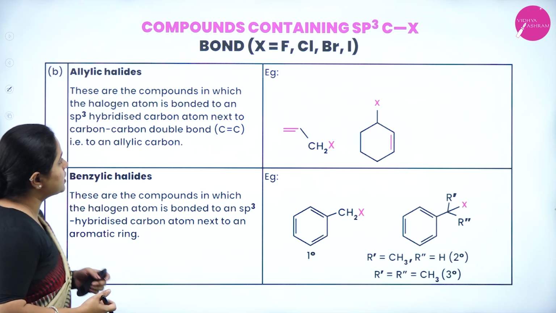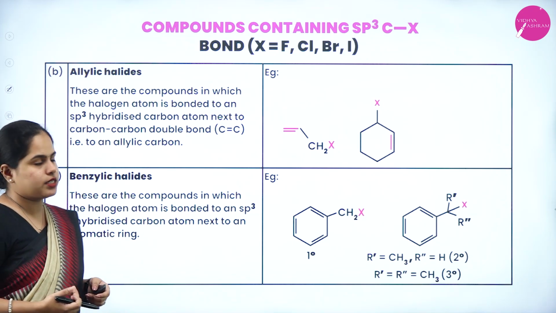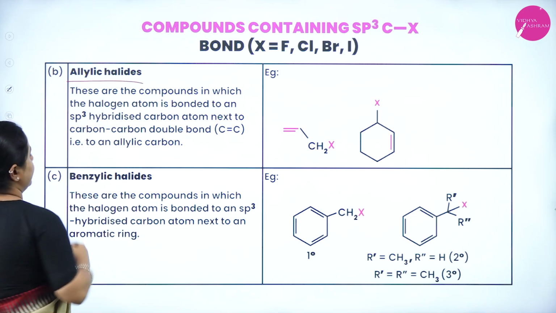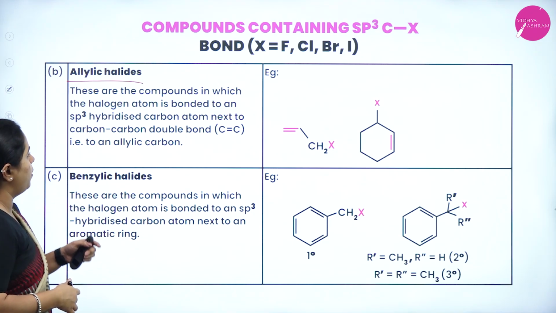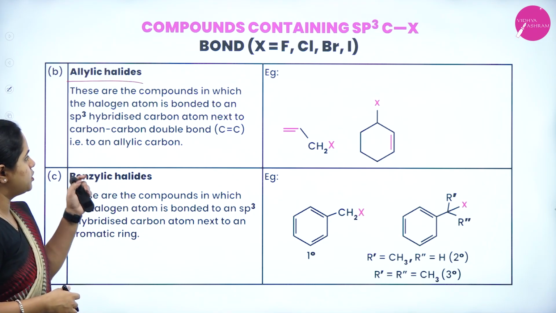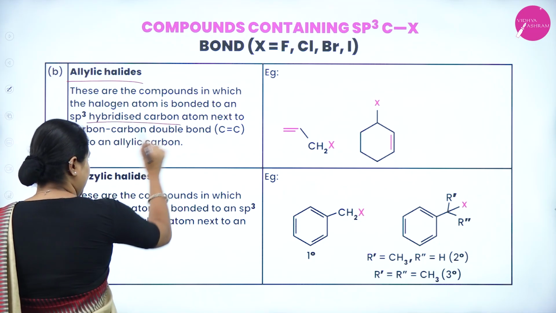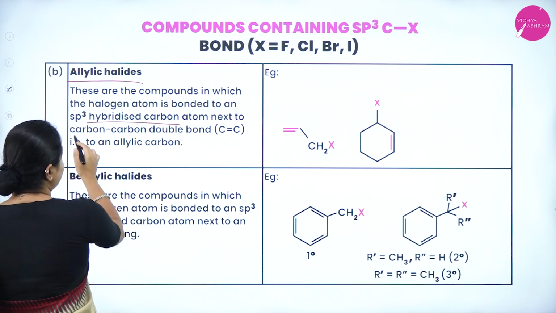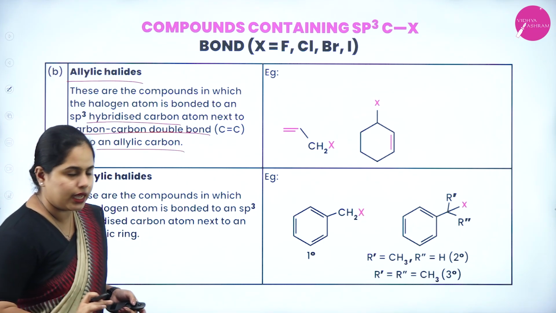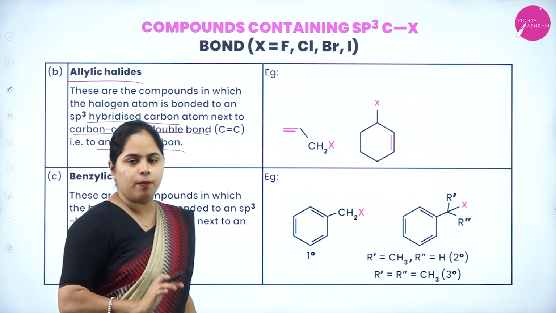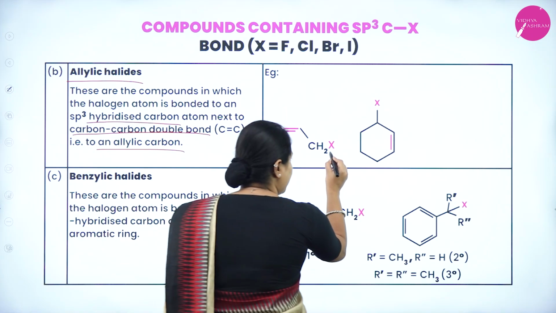So the next classification under sp3 hybridized carbon is allylic halides. Now, what are allylic halides? This is a new term for you. These are the compounds in which the halogen atom is bonded to an sp3 hybridized carbon atom next to a carbon-carbon double bond, an allylic carbon. So what does that mean? From this particular compound, let's understand. This is your halogen atom.